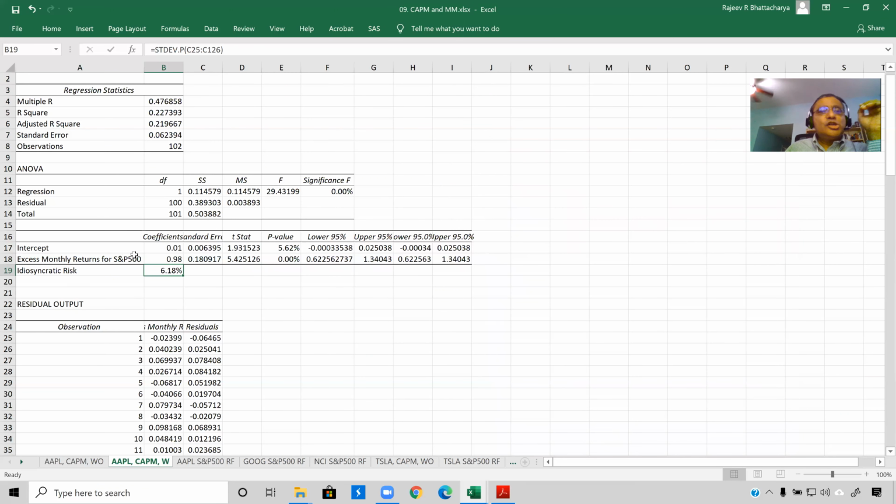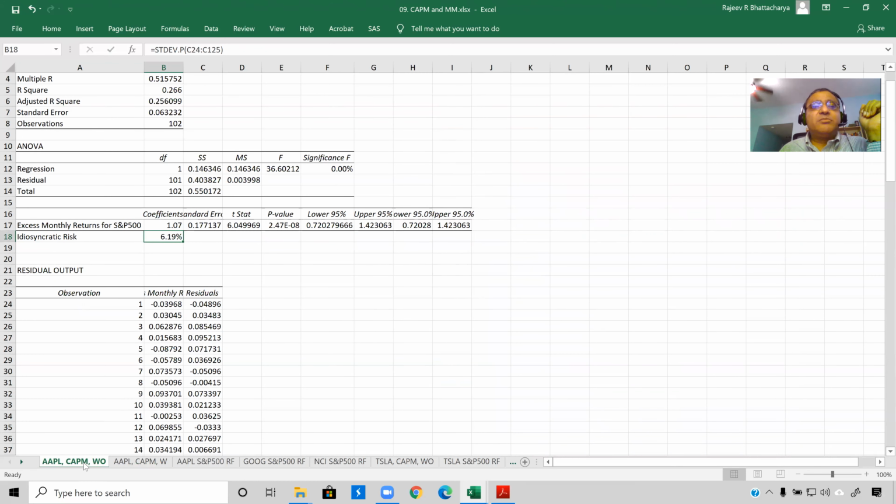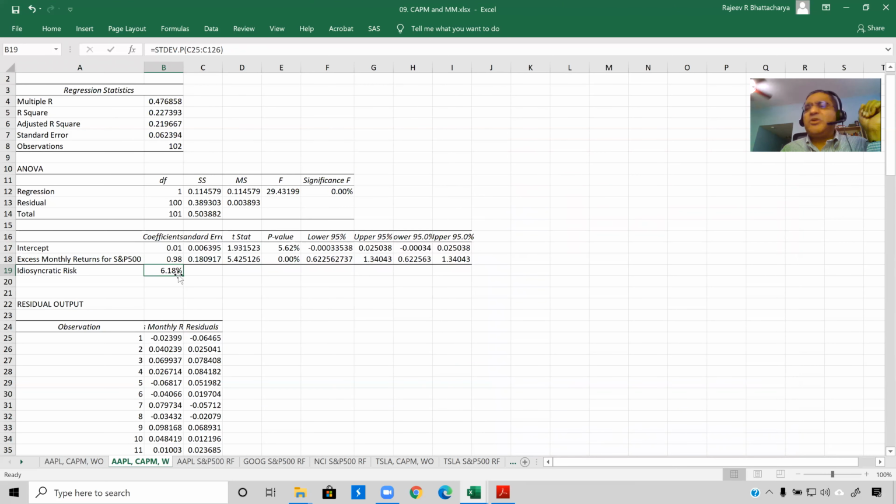All right. So the idiosyncratic risk is 6.18 in the model. This is the model with alpha. This here on the left is a model without the alpha. In the model without the alpha, the idiosyncratic risk is 6.19%. Over here, it's 6.18%. Tiny, practically no difference.